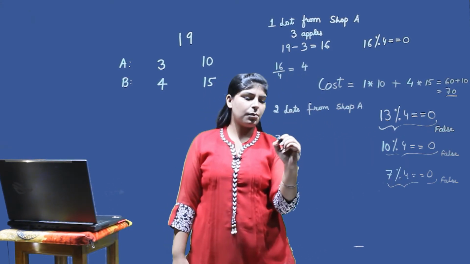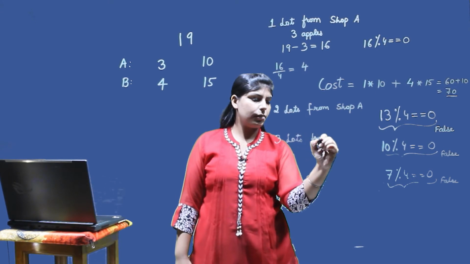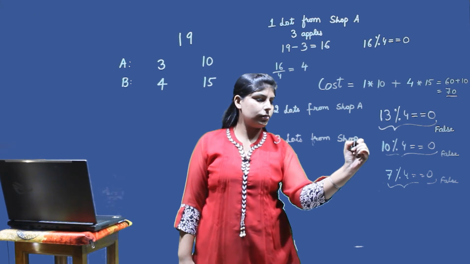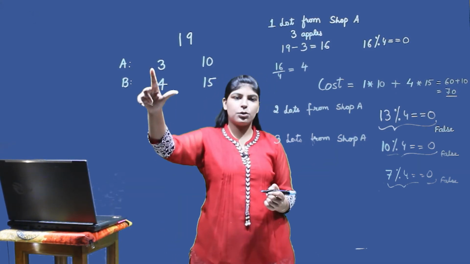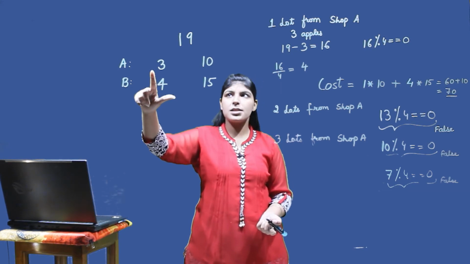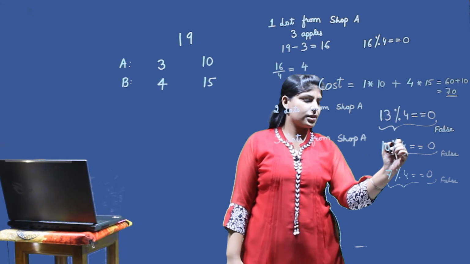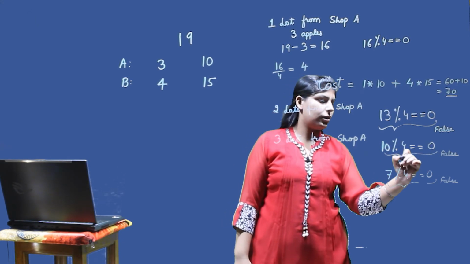Let's say Kazama buys 3 lots from shop A. He'll have 3 into 3, that is 9 apples, and the remaining apples are 10. 10 apples can't be bought in sizes of 4, so this option is again not possible.